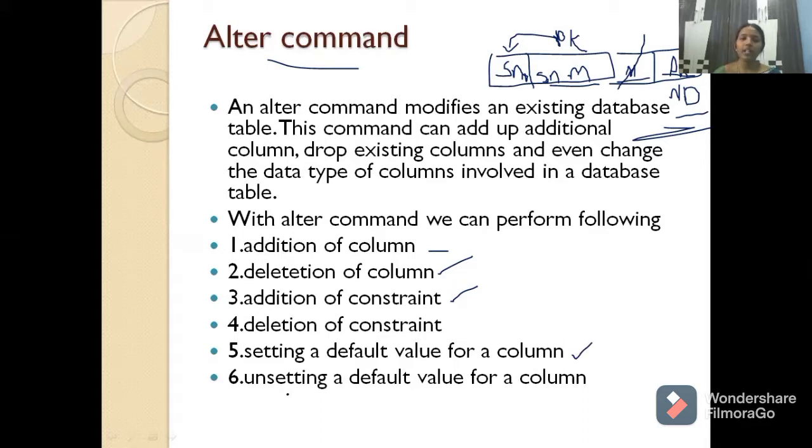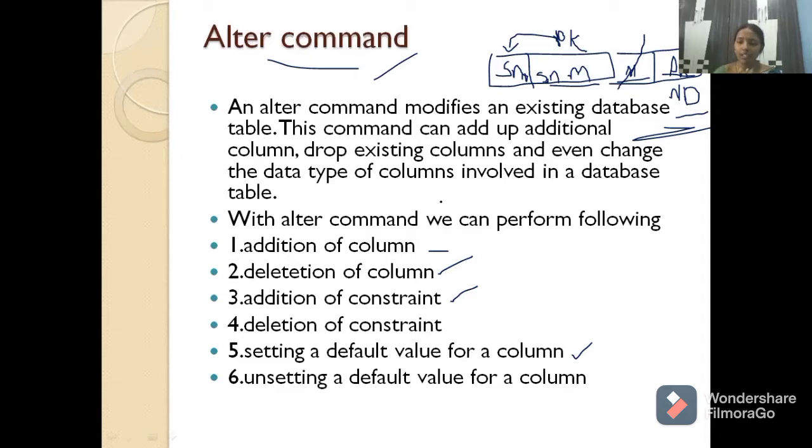Next, unsetting a default value for a column. What we have set here, the default value for the phone number, is "no". You can also delete the default value for a column by unsetting it with the help of the alter command. Clear? Alter command plays a major role in a database.